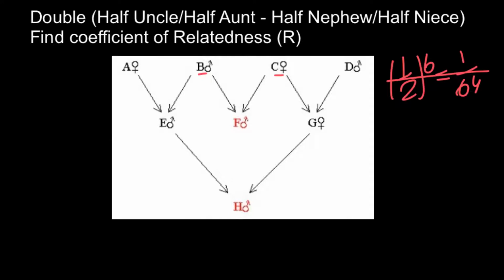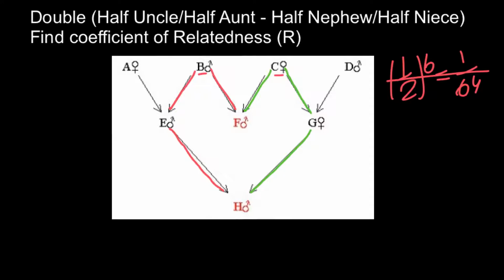Now let's make our connections how gene would flow in this family. So 50% here, 50% of the 50% here, 50% here, and another would be 50% from the mother side, 50% here, and 50% here.